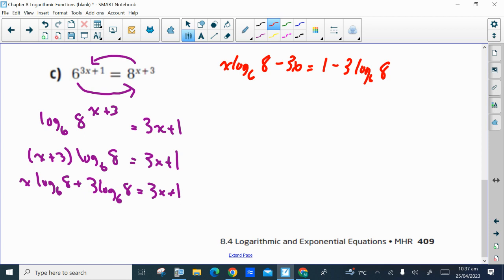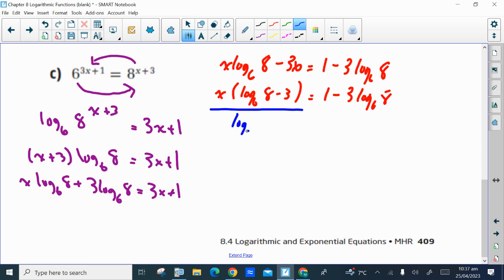So now we have terms involving x on the left. We have terms that don't have the x on the right. Take out a common factor of x on the left. And then we would divide both sides by what's inside the bracket to get the x by itself.